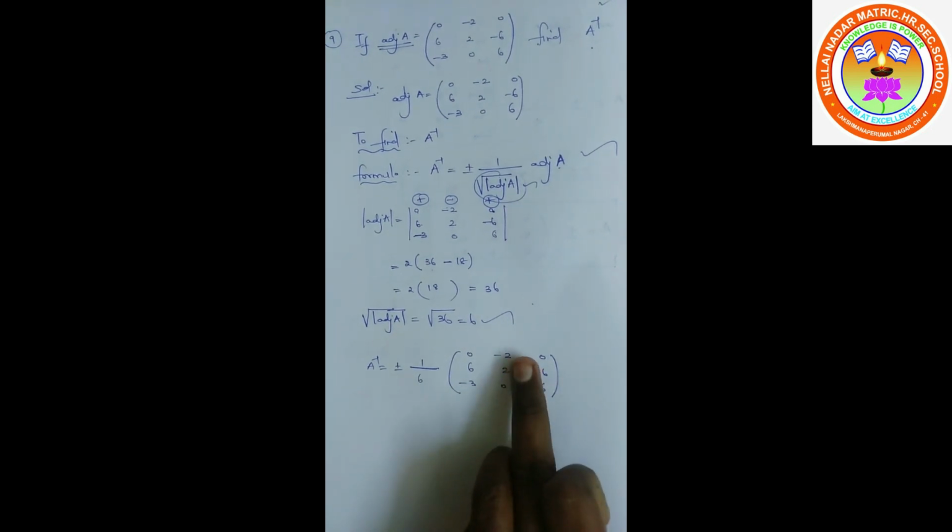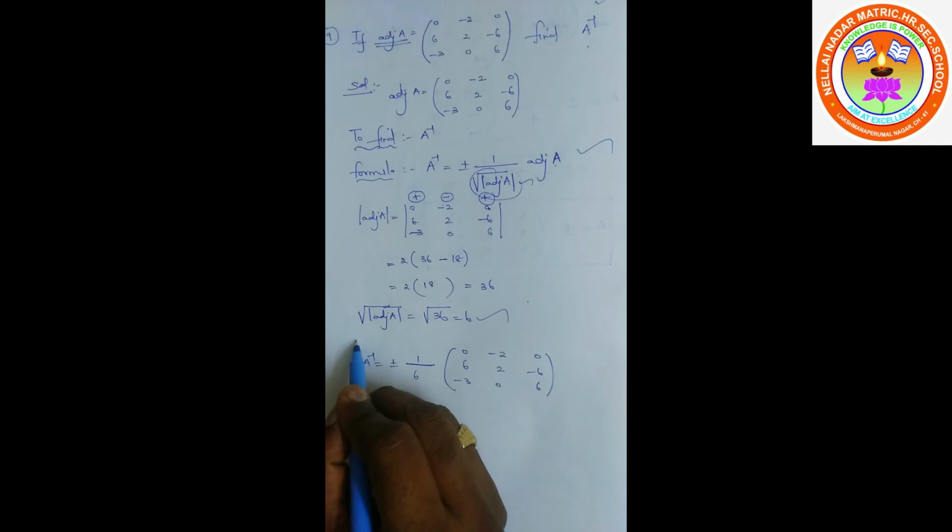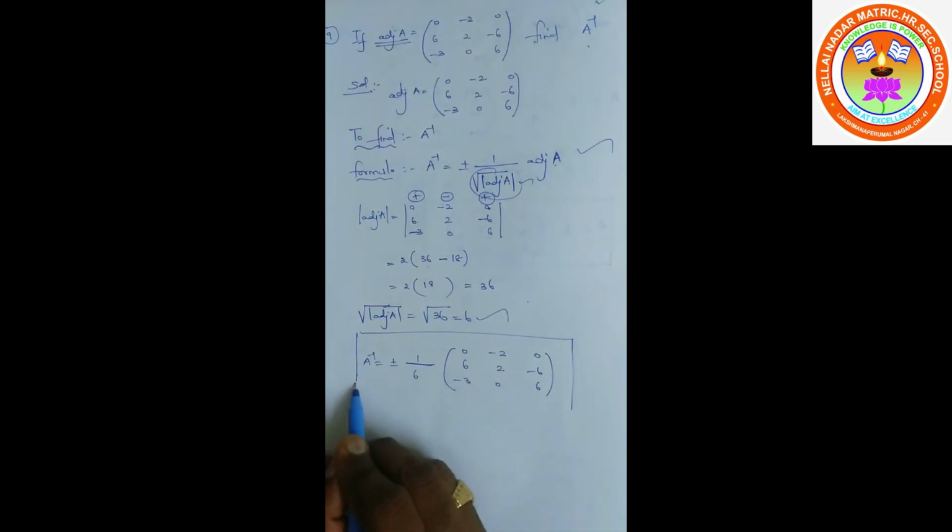In this matrix there is nothing common, because you can take 2 outside but minus 3 is present, so I can't take it outside. We can leave the answer here itself. So this is the required answer.